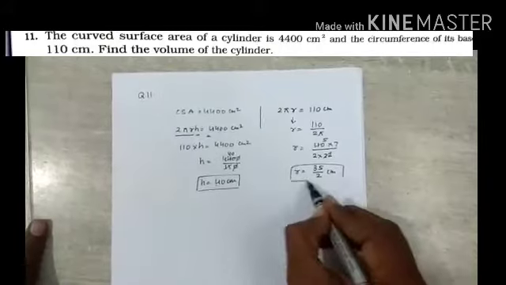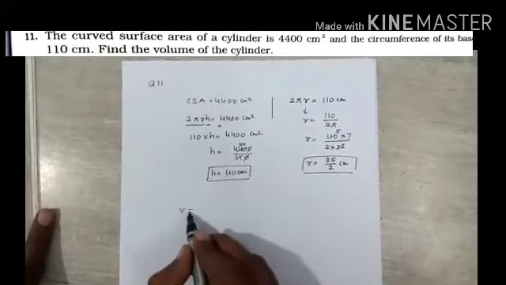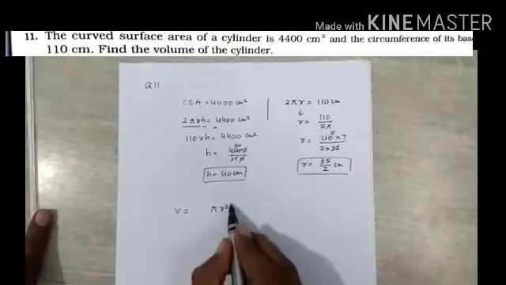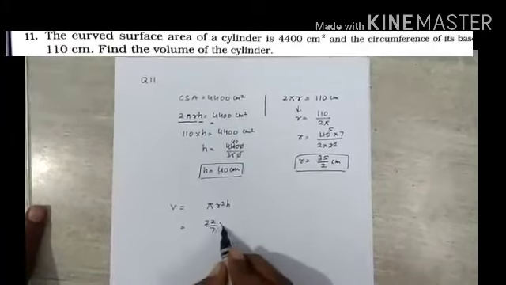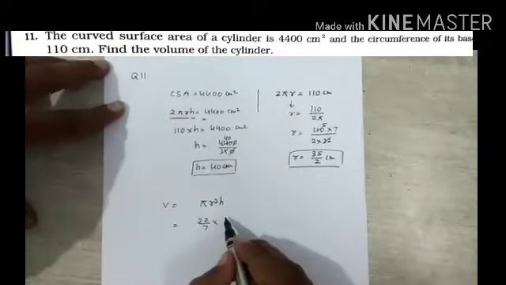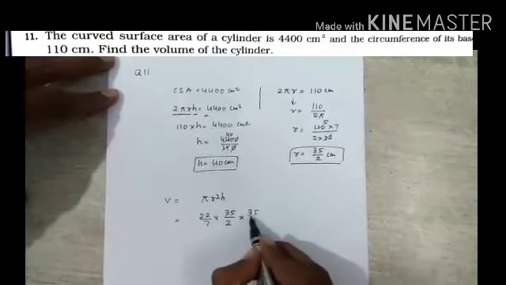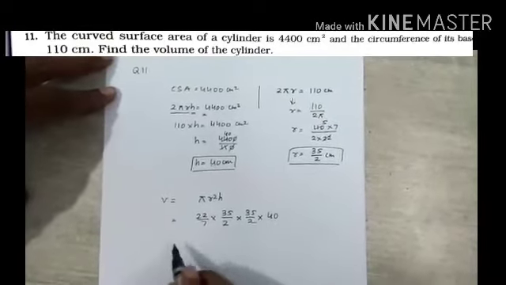Now we have both radius and height. We will find the volume. Formula of volume of cylinder is pi r square h. Value of pi is equal to 22 upon 7. Value of r is here we have found 35 upon 2. 35 upon 2 into value of h equal 40.